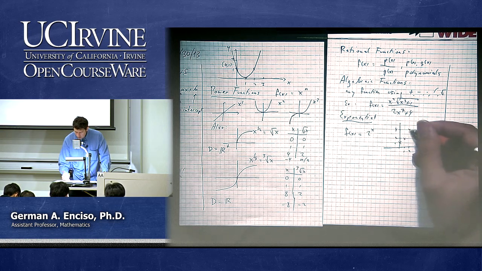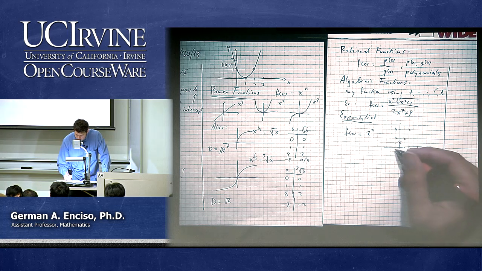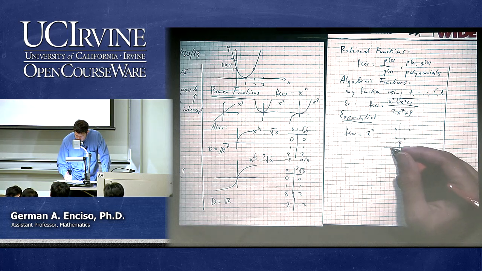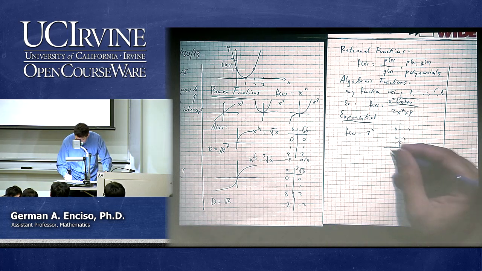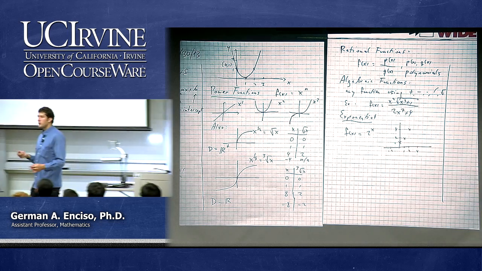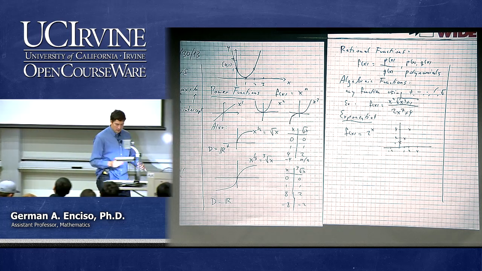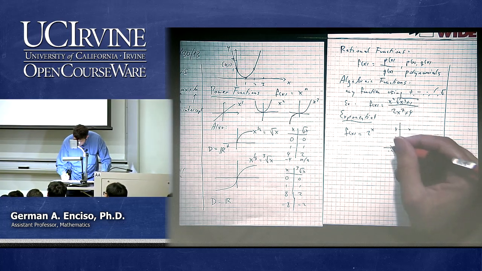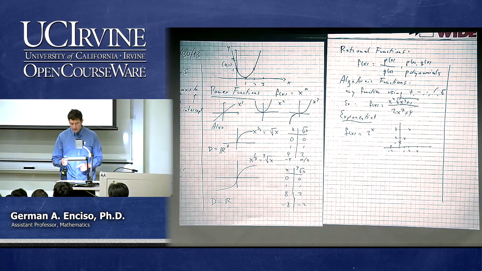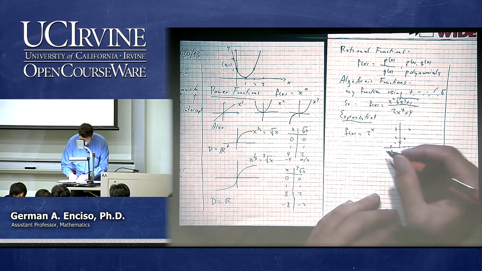Okay. So the graph has to go through all those points, right? What about 2 to the minus 2? 2 to the minus 2 is 1 over 2 to the 2. That's 1/4, right? So 1/4 down here. Okay, I'm going to try and draw this. Looks more or less like this.